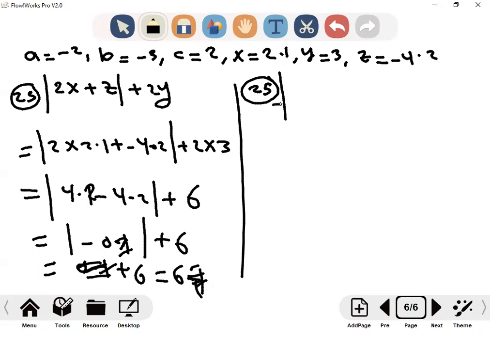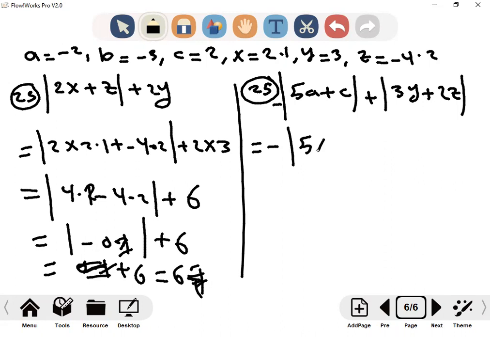Negative absolute value of 5a plus c, plus another absolute value of 3y plus 2z. This is equal to minus absolute value of 5 times a, which is negative 2, plus c, which is 2, plus absolute value of 3 times y, 3, plus 2 times z, which is negative 4.2.